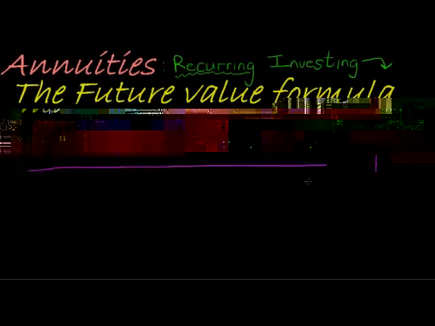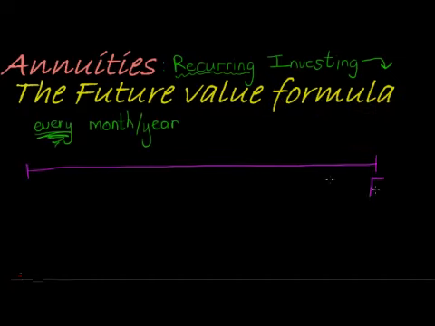Okay, so here we go. Here's our timeline. We're going to get the formula for the future value. So we want to know how much a number of investments will be worth at the end of a certain time period in the future. Let's say that there are n time periods. I'm keeping it very theoretical.